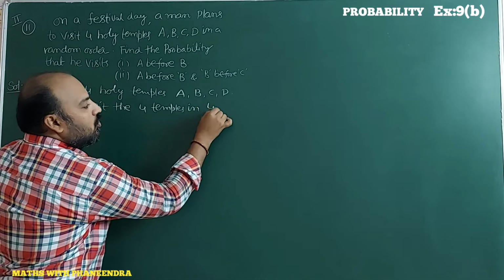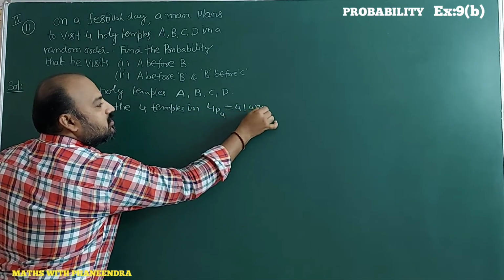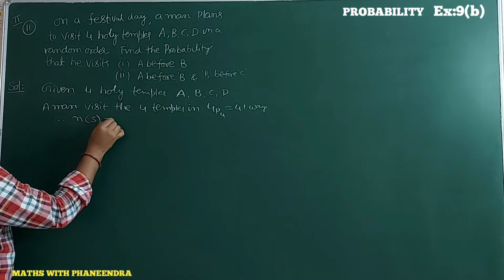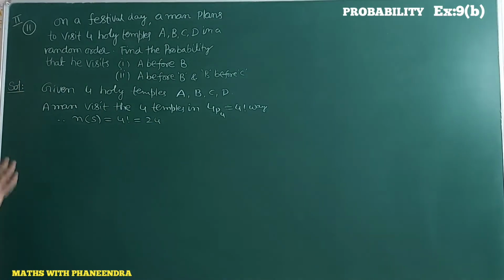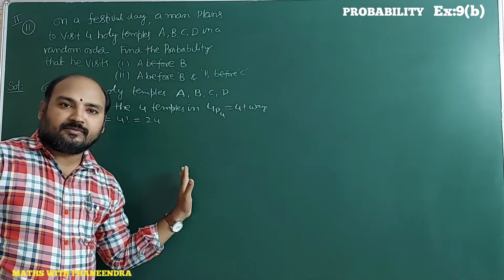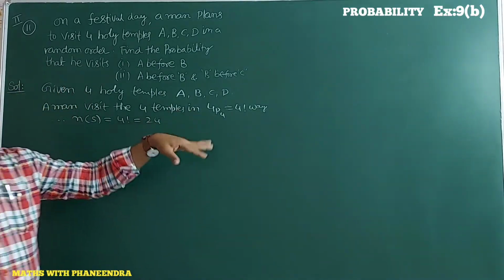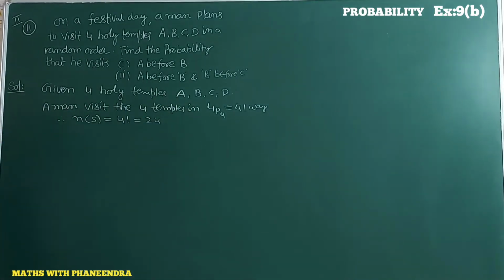In 4P4 ways, that is equal to 4 factorial ways. So the total number of possibilities n of S is equal to 4 factorial, that is equal to 24. I think everyone understands. 4 temples are there in 4 factorial ways. He wants to visit, total number of possibilities, 4 temples.